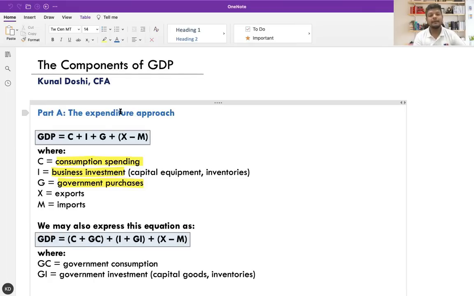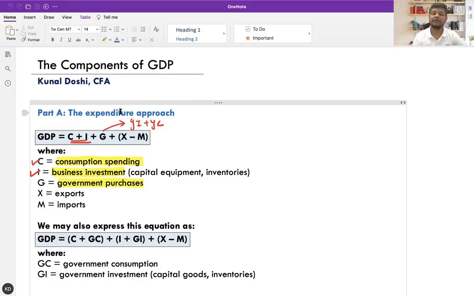So for the governments also, I can say there is C plus I, isn't it? Government investment plus government consumption. Individuals or businesses in the economy, they consume and they invest. So what government also does with the money, it also invests and consumes.